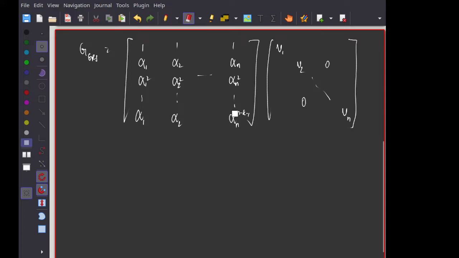Of course, one of the main differences is this is a k by n matrix, with rows up to alpha power k minus 1, and these column multipliers could be different. So this is what we saw in the last class.